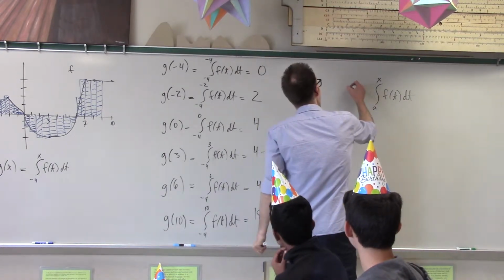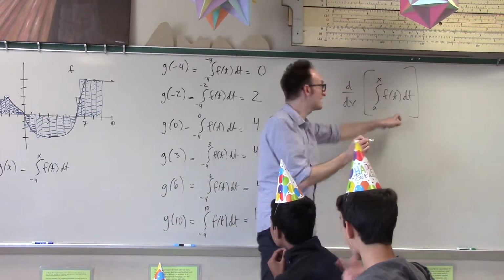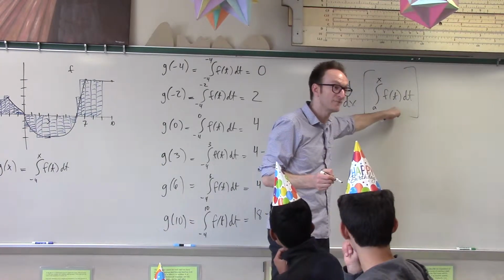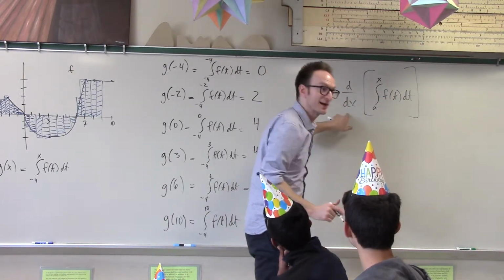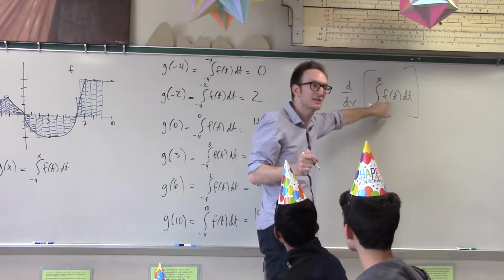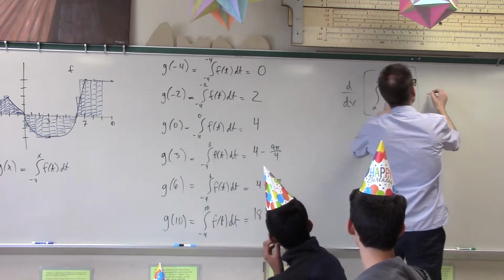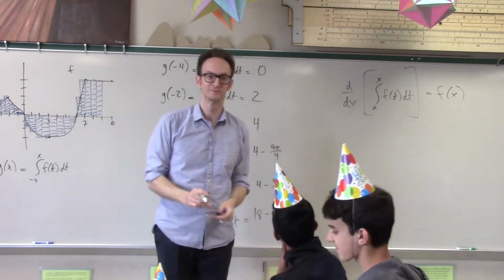In other words, how fast at any given moment is this integral function gaining new area? And the answer at any particular x value is just whatever f is at that moment.